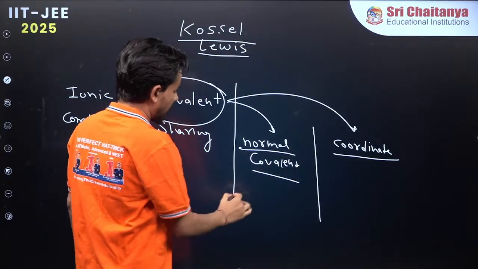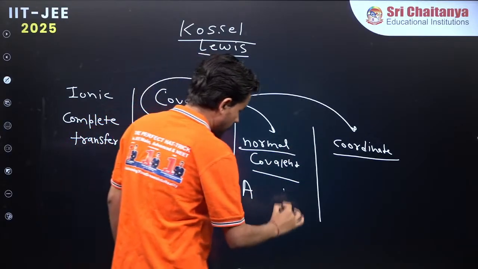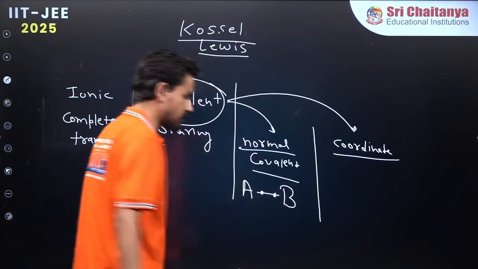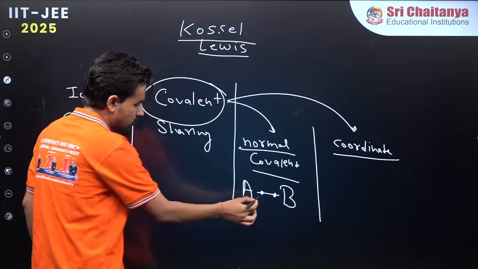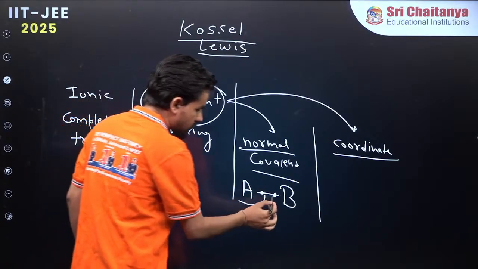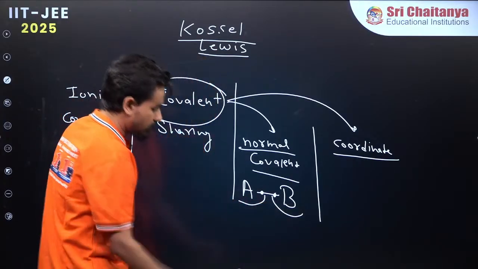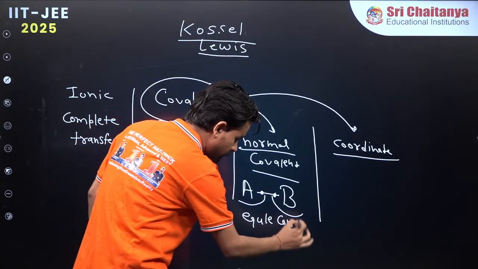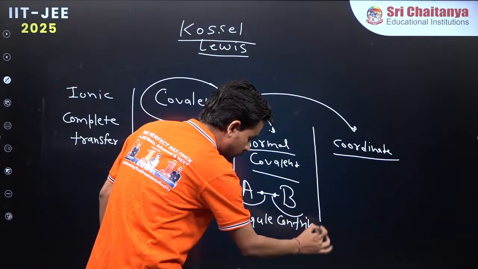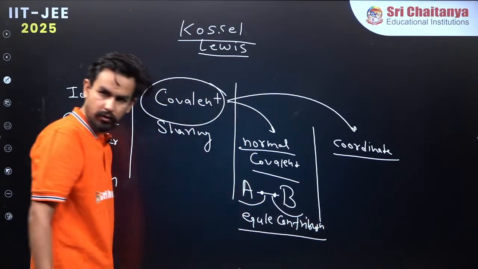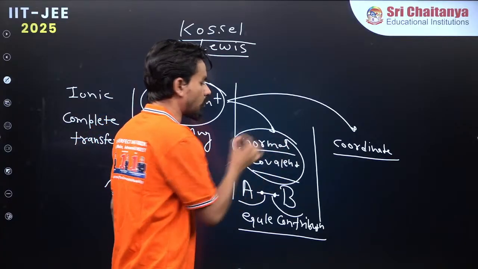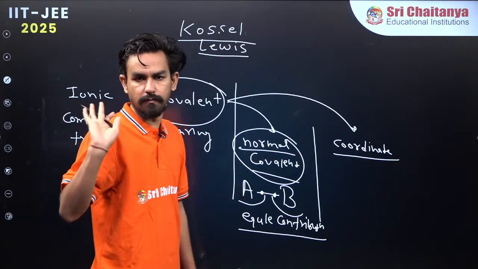Let us say there is an atom A and an atom B, and between them there are 2 electrons. Bonds are being formed. This one is contributed by A and this one is contributed by B. That means there will be equal contribution in the bonding electrons, or in the sharing electrons. Then it will be considered as a normal covalent bond, or covalent bond simply.